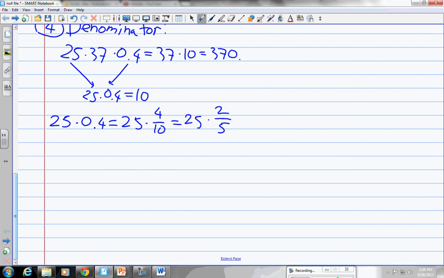And then you can reduce 5 and 25. You can always reduce your fractions. So you're left with 5 times 2. So if 0.4 was written as 2/5, it would be a much easier problem rather than 25 times 0.4. So fractions are good because you can reduce them. That's the big thing about fractions.